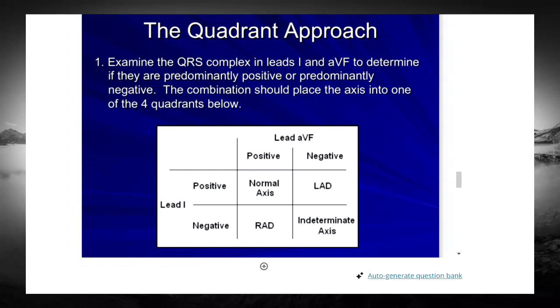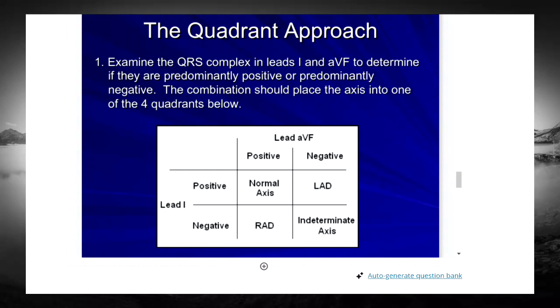If lead 1 is positive, AVF is down, which thumb is up? Left. So I have my left axis deviation. If I have lead 1 negative, AVF negative, 2 thumbs down, it's really bad. For pediatrics, that means this baby might have hypoplastic left heart syndrome or hypoplastic right heart. So it's really bad. We've got to figure out what's going on.